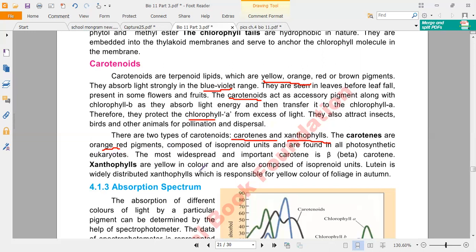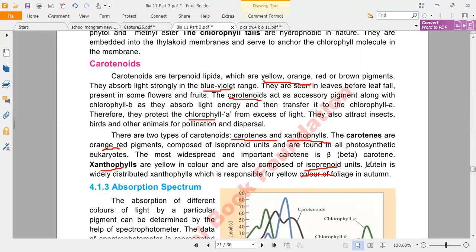As well as there are xanthophylls. Xanthophylls are yellow in color, and they are also made up of isoprenoid units. They are present mostly in the foliage in autumn.